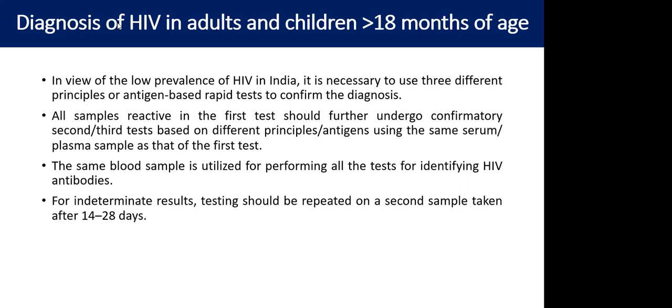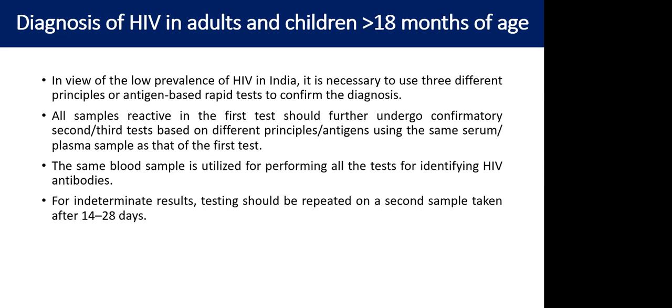Or if the first test is positive, the second negative, and the third positive, so 2 out of 3 is positive, then you call it indeterminate. For indeterminate results, the test has to be repeated on a different sample after 2 to 4 weeks, or in other words, 14 to 28 days later. Next slide, please.